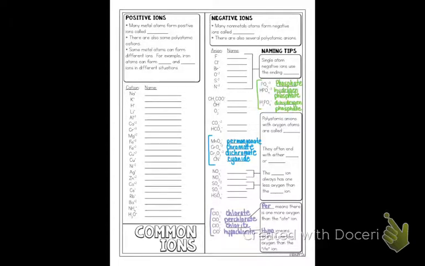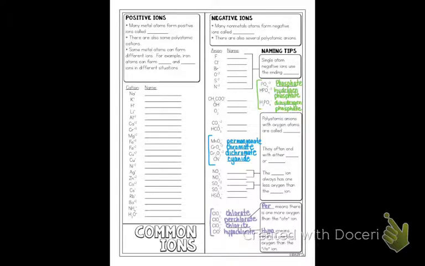So phosphate, no hydrogens; hydrogen phosphate, 1 hydrogen, the charge goes to -2; and dihydrogen phosphate, 2 hydrogens, the charge goes to -1. And I think now that we have covered all of the polyatomics that are on the right-hand side.